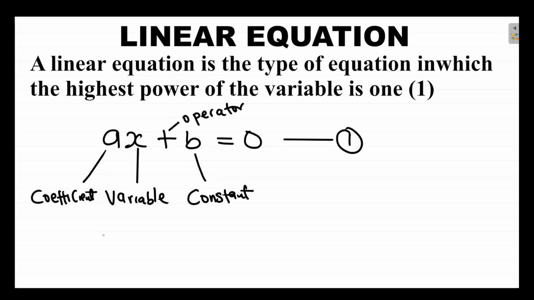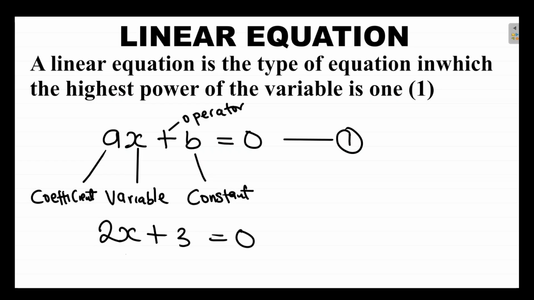Now, consider this example, 2x plus 3 equal to 0. If we compare this equation with equation 1, we can observe that 2 is the coefficient, x here is the variable, and 3 is the constant.